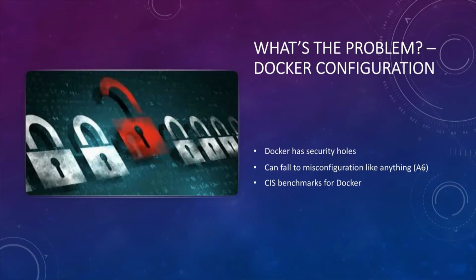If anybody doesn't know about the CIS benchmarks, you should check them out. The benchmarks themselves are available at no cost, but they have some additional features that you can pay for if you want. They're an invaluable resource of people in the community who provide best practices and so forth, so definitely check those out.